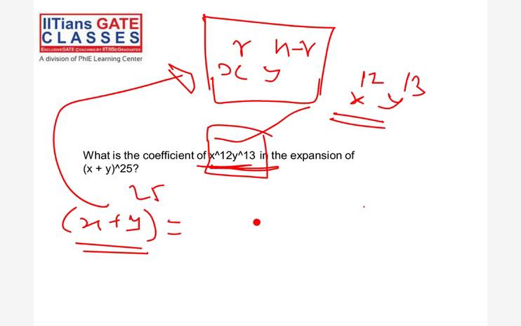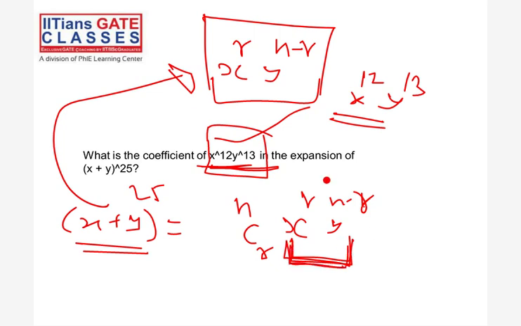So you can simply use the binomial theorem. You already know what it does. The binomial theorem says that there are nCr ways for x^r y^(n-r).